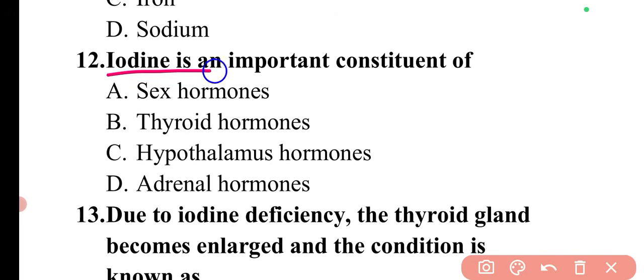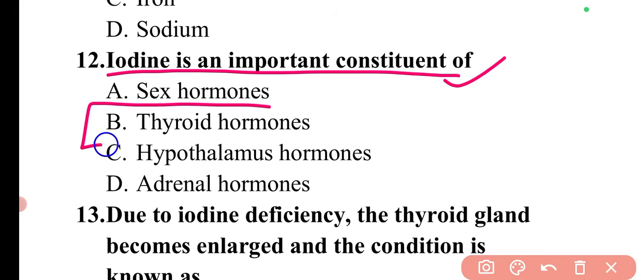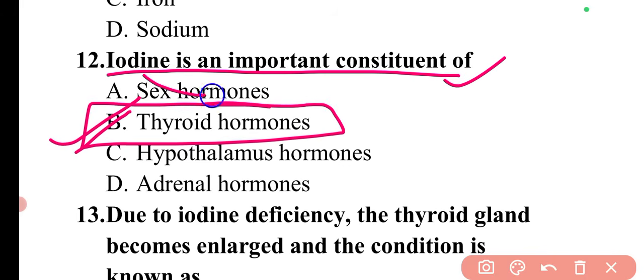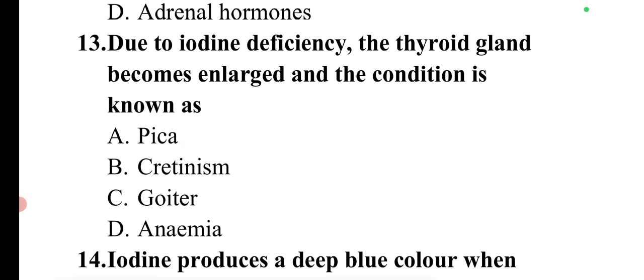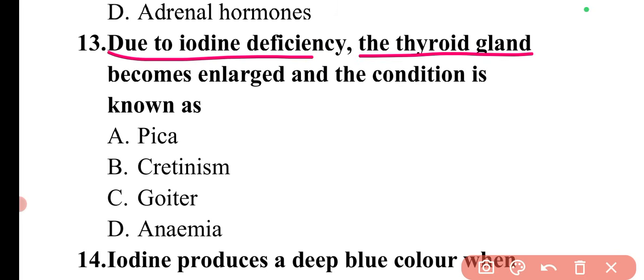Next question is, iodine is an important constituent of. So iodine is an important constituent of thyroid hormones because it is involved in the synthesis of thyroid hormones, that is T3 and T4.